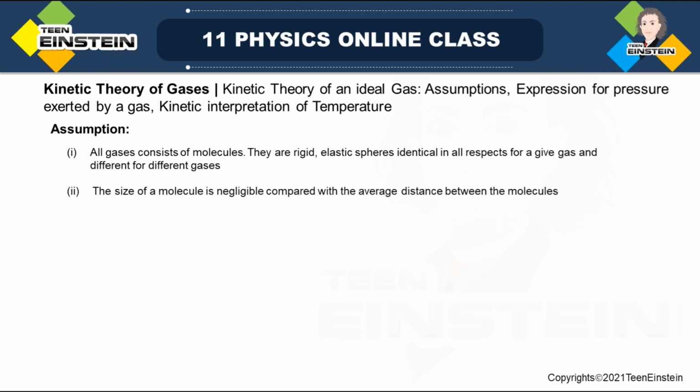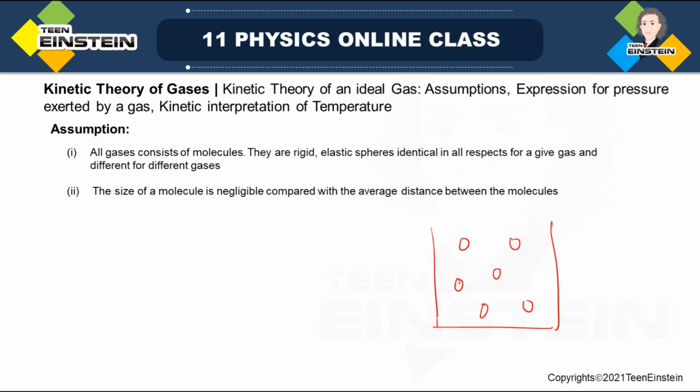Now the size of the molecule is negligible compared to the average distance between the molecules. As you might know, in case of gas, the gas molecules are far apart from each other.